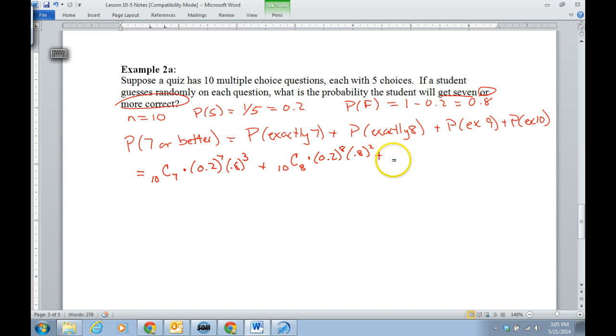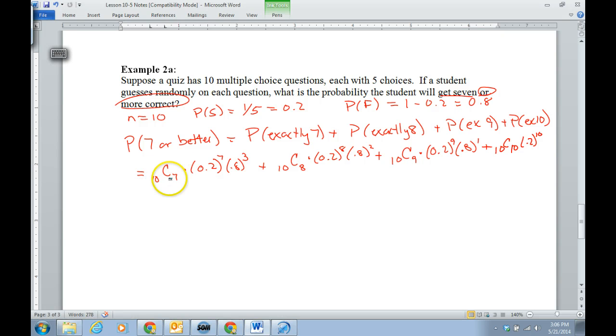Good. And then we'll have 10 choose 9 times 0.2 to the 9th, and then 0.8 to the 1st. And then lastly, 10 choose 10, which will be 0.2 to the 10th. Why did I not bother putting 0.8 to the 0? It just goes to 1.